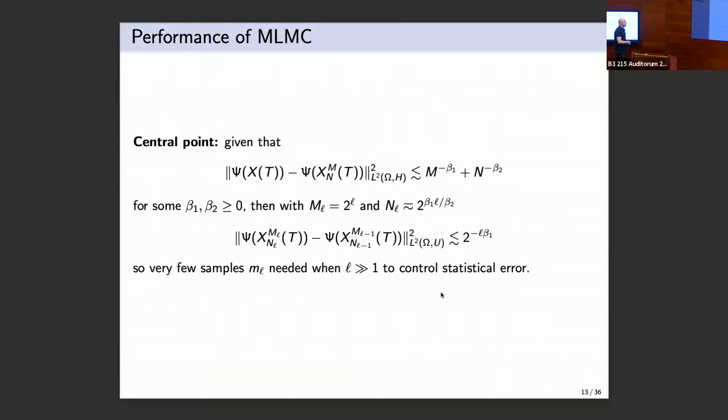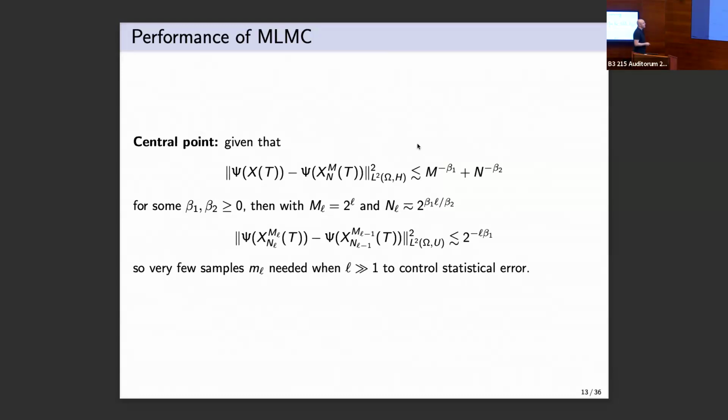Right, so what is the central point in this approach? Well, if you have a strong convergence, you actually need something that's really weaker. But if you have this kind of strong convergence here, so you have the mean square error rate beta 1 in time and beta 2 in space, for some strictly positive betas.